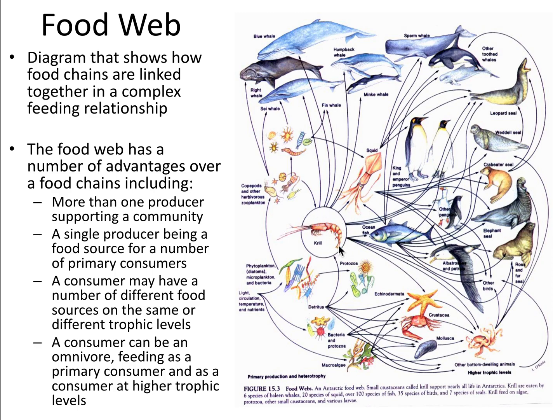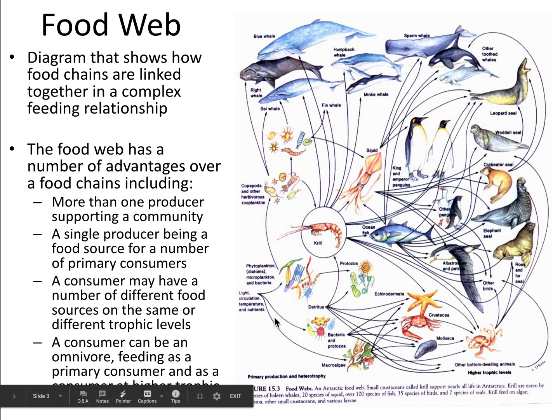The krill is circled because it's a keystone species in this ecosystem. So a single producer being a food source for a number of primary consumers, hence the krill. Okay, sorry, the krill's not a producer, but these different phytoplankton and the microalgae, notice that they are a food source for multiple organisms.